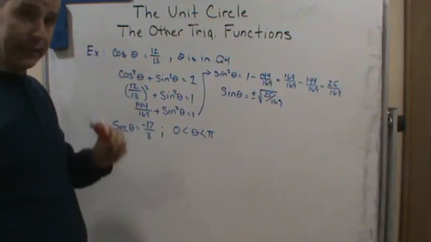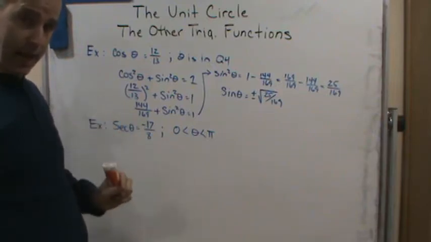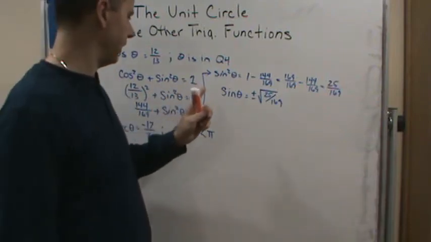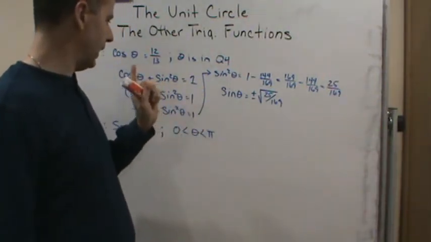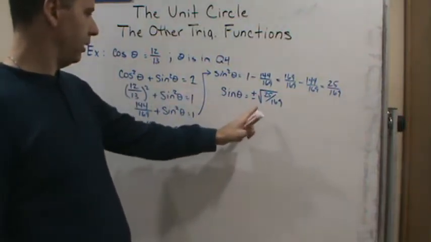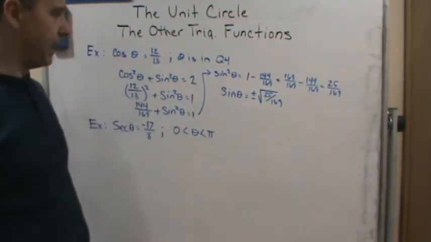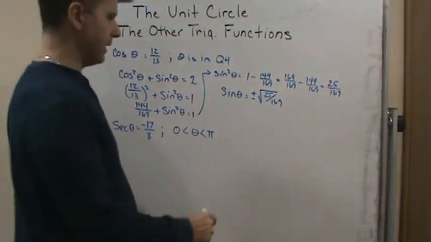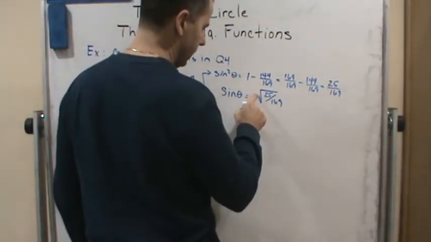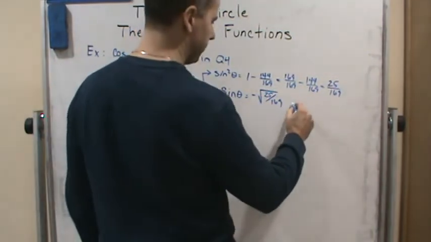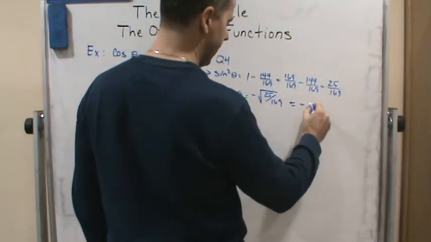Because only cosine and secant are positive in the 4th quadrant. So that means sine is going to be negative.